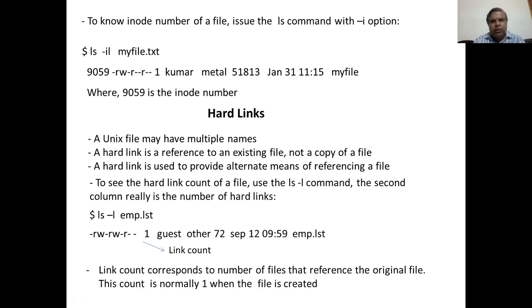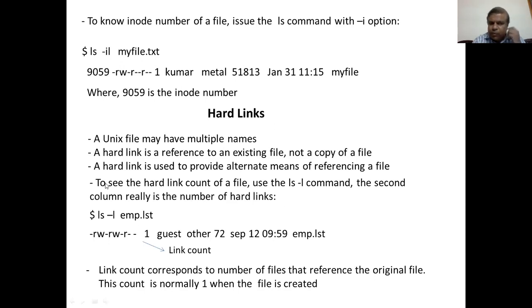If the original file is deleted, the information will be lost. A hard link, in other words, is used to provide an alternative means of referencing a file. That means a separate link exists for the same file contents.